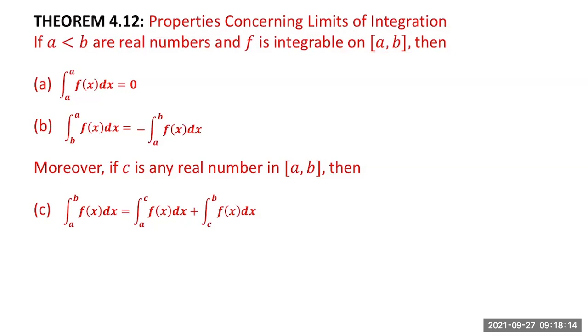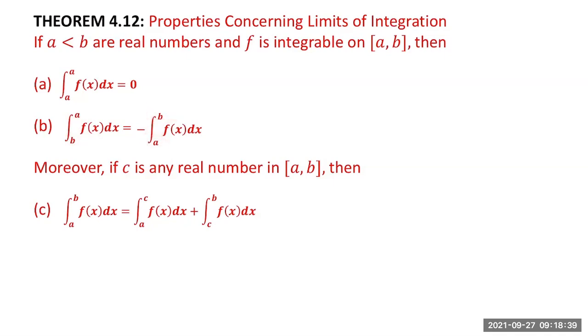Part A, the definite integral of f of x from a to a, a to itself, is equal to 0, and then the definite integral of f of x from b to a is equal to minus the definite integral of f of x from a to b.